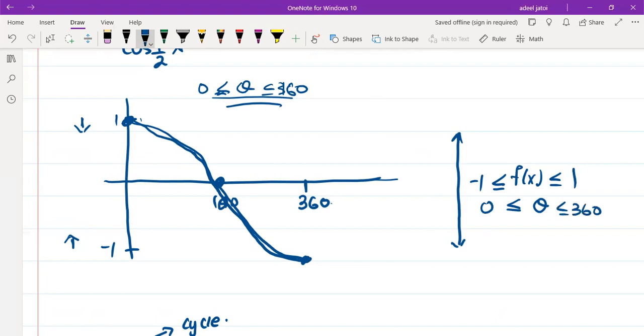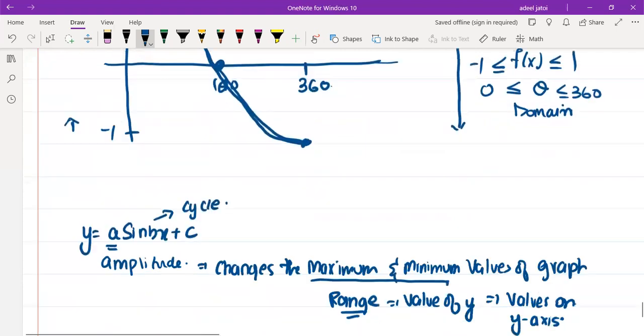That means for theta from 0 to 360, my range is from -1 to 1. So there are two things that should be shown: this will be known as the domain first, and this will be known as the range. Range is the values of y.